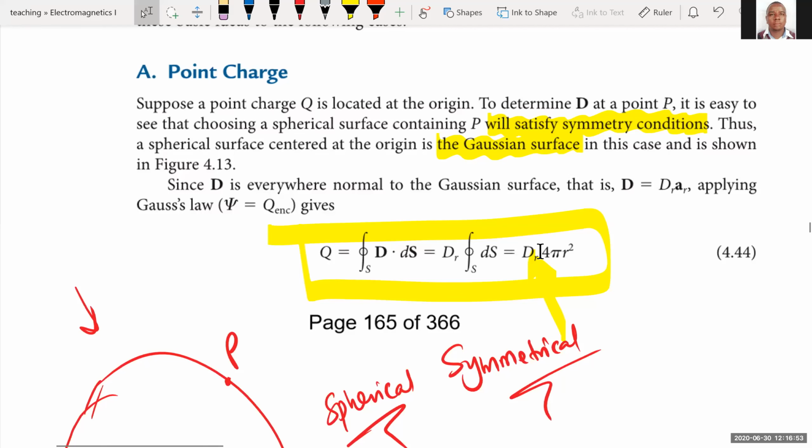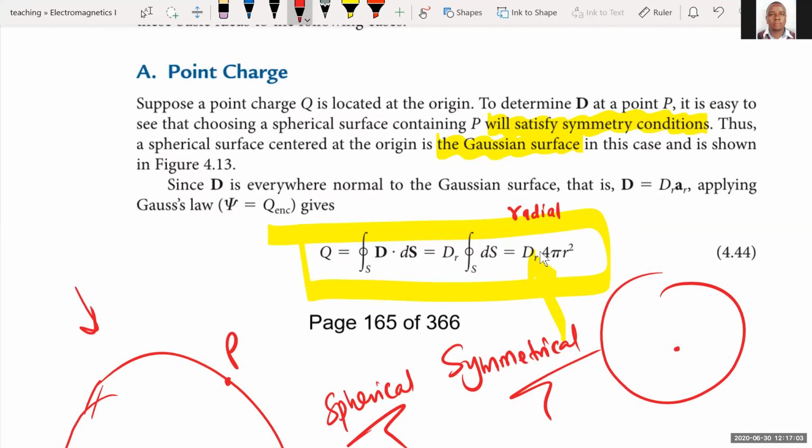When I say radial, please get that radial means outward from the center. D_r is the one that you're describing. It is pointed along the radial distance, or the radius. It is coming from the word radius. So when I say radial, it's along the radius of the sphere.